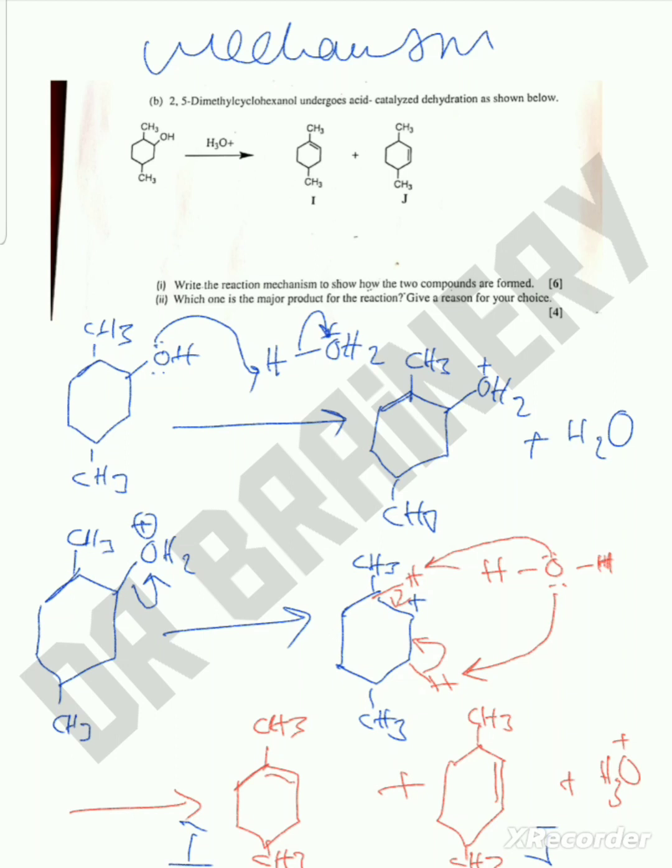So what is the reason you can give why I is the major product? Because of the use of a less bulky base which has favored abstracting the less exposed hydrogen, giving the more substituted alkene which is more stable. So that's how we are supposed to answer this question, guys. Thank you.